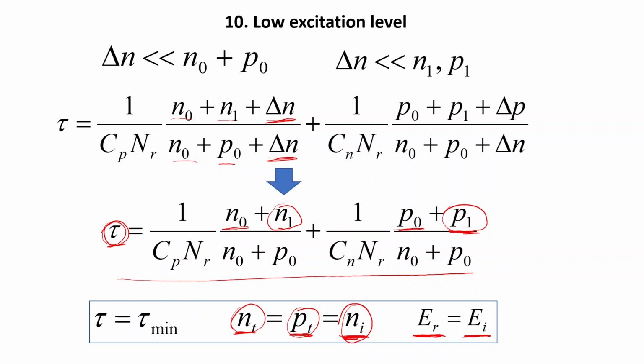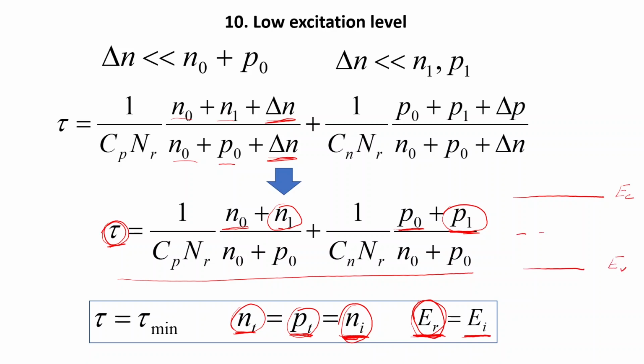Now, if tau is minimum and recombination rate is maximum, and that happens only when the position of this recombination energy level is placed in the middle of the band gap, it means that the most efficient recombination center will be located in the vicinity of the middle of the band gap. It will be a deep energy level, which is located as far as possible from both the bottom of the conduction band and the top of the valence band.